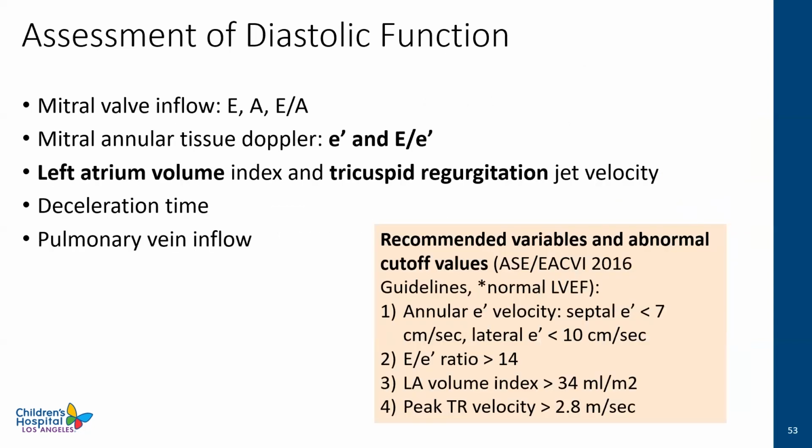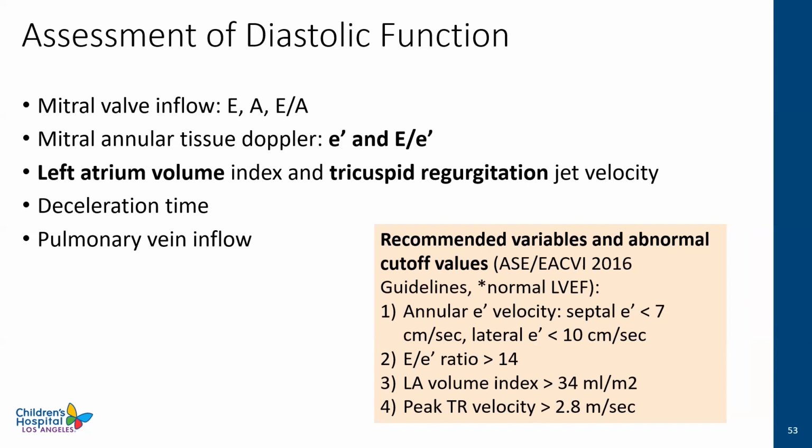So again, this is a complex measurement even within pediatric cardiology. But in 2016, the American and European imaging groups came out with new guidelines, really with the goal to try to simplify how we assess diastolic dysfunction by cardiac echo.